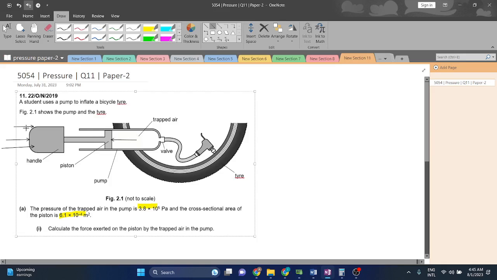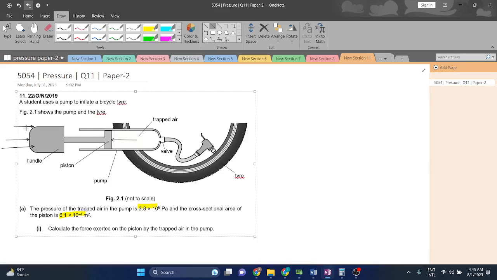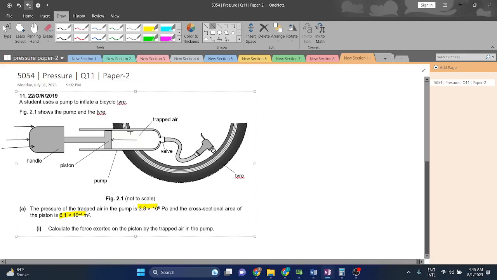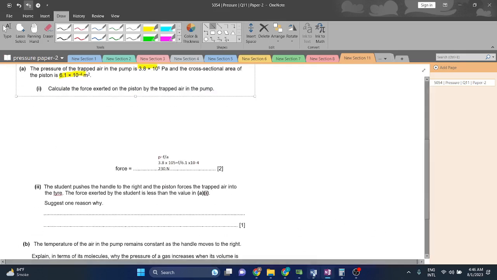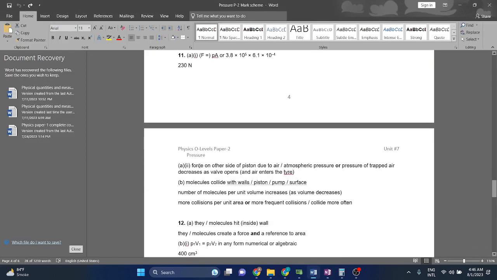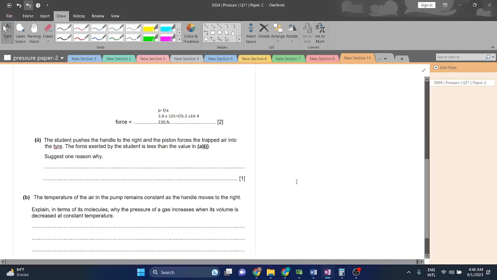But since the student is getting help from atmospheric pressure, it is easier for the student to push the handle and force the trapped air inside the tire, rather than the trapped air pushing the piston leftwards. So the force on the other side due to atmospheric pressure, trapped air decreases as the valve opens. Easy.